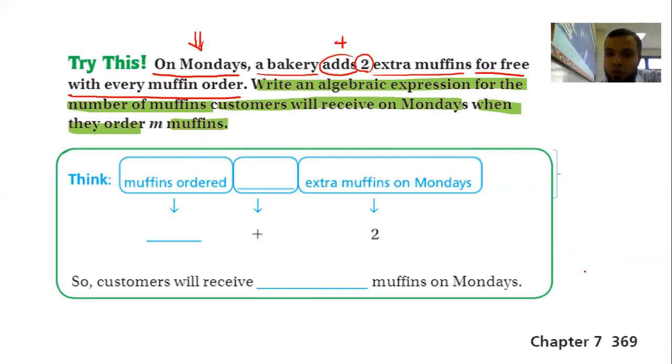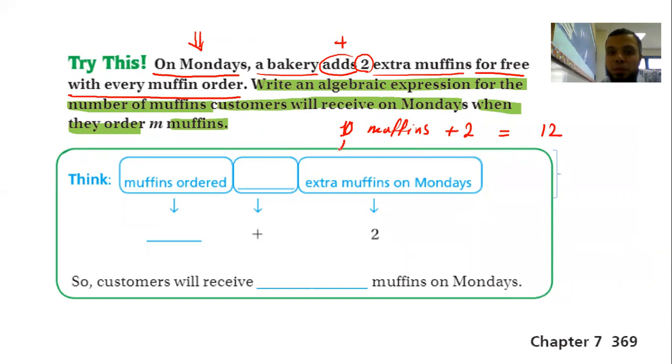Before we answer this question, ask yourself, if you are going to buy 10 muffins, for example, how many muffins extra from the bakery? Yeah, 2. So you will receive 12.